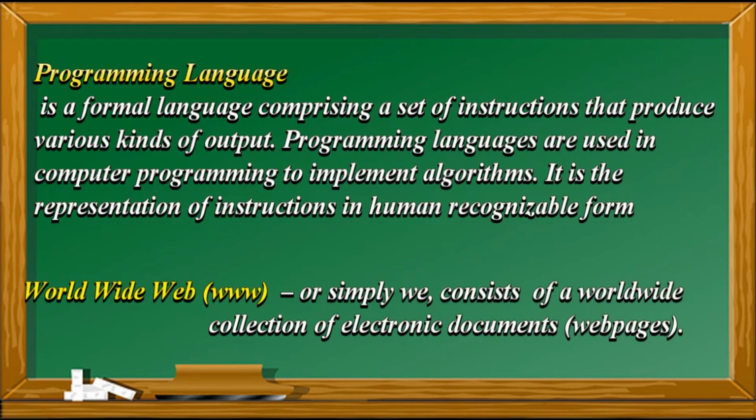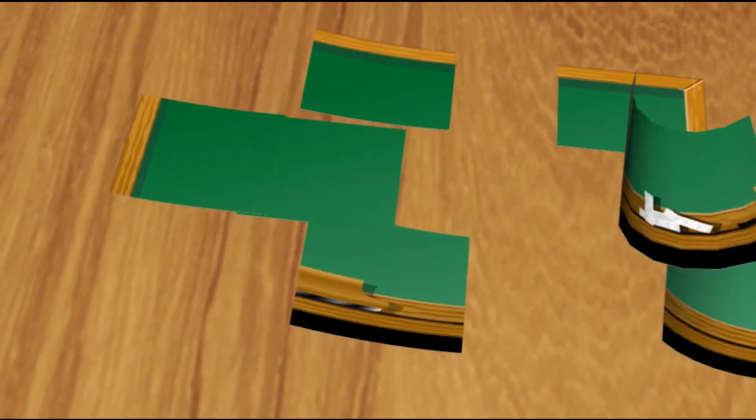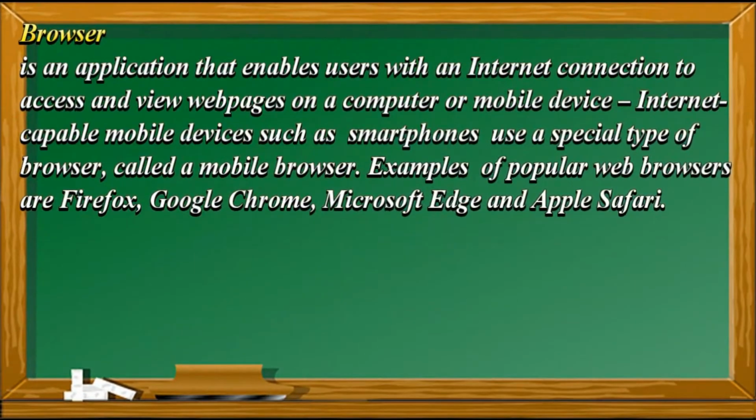The World Wide Web, or simply the web, consists of a worldwide collection of electronic documents, web pages. A browser is an application that enables users with an internet connection to access and view web pages on a computer or mobile device.